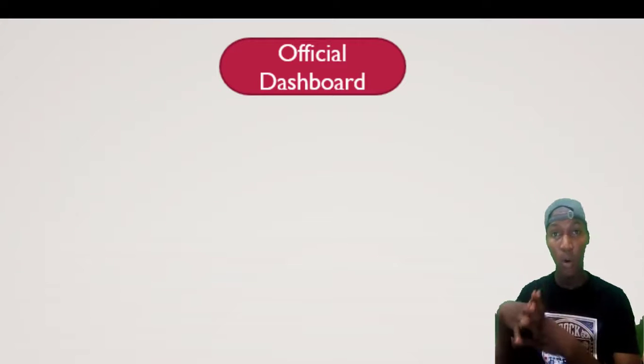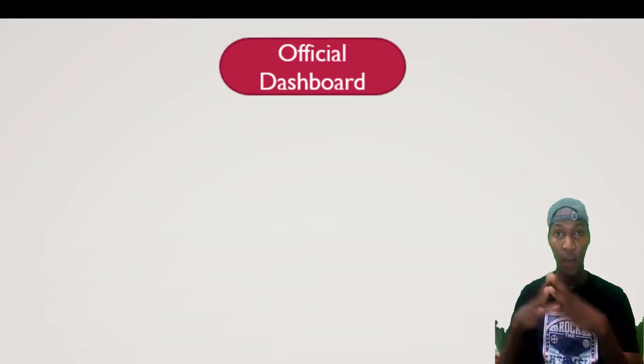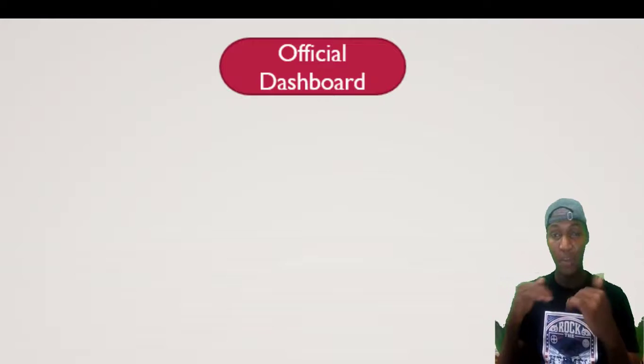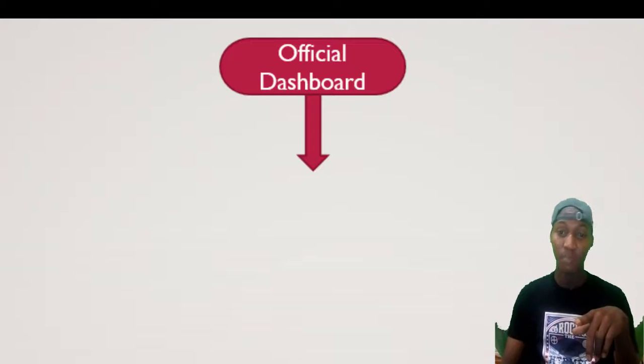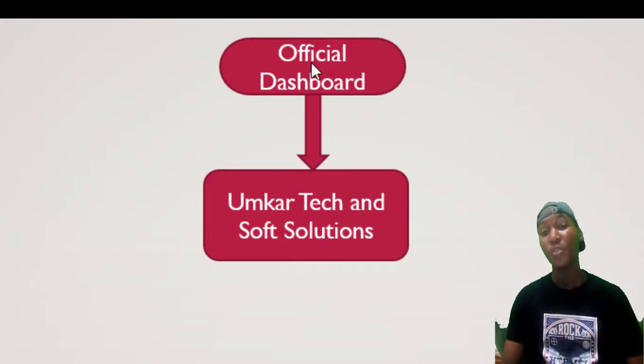Maybe if you don't want that, we might say one to two persons have access to that database or that dashboard, so that they can maintain everything in that website. So here's the Umkar Text and Software Solution, and here's the official dashboard. People over here have access, or they can edit everything that is on the Umkar Text and Software Solution.